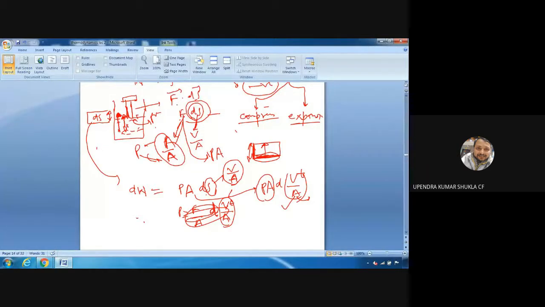Now if this fluid was expanding in this direction, displacement is in this direction, and we are calculating force by the piston on this system. So you see the displacement and force applied by the piston is in opposite direction. So here you will take dW is equal to minus P A dVt.